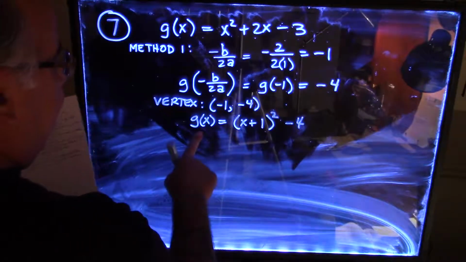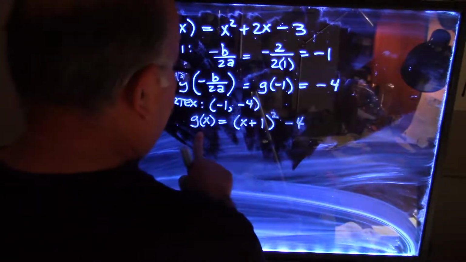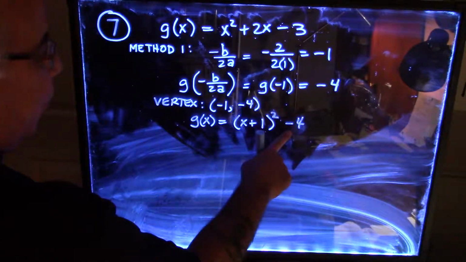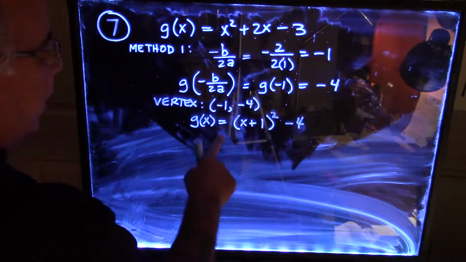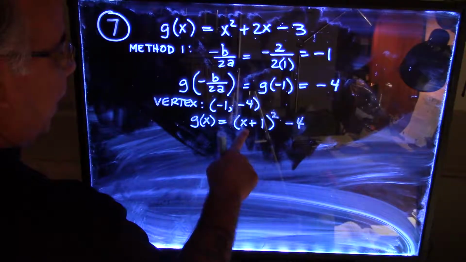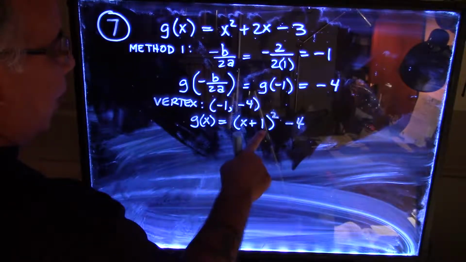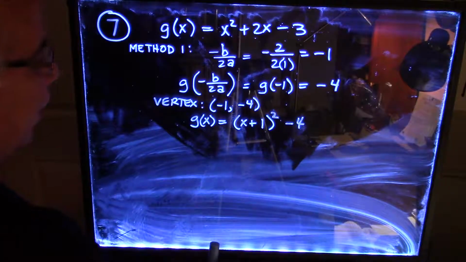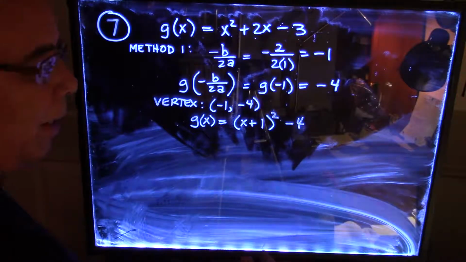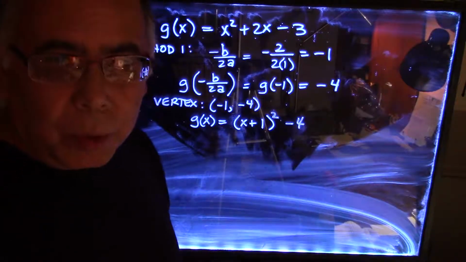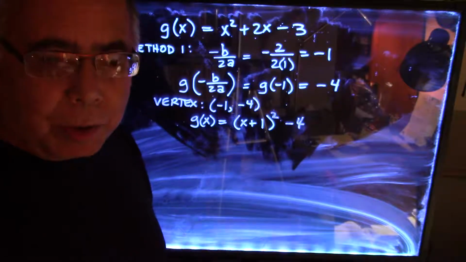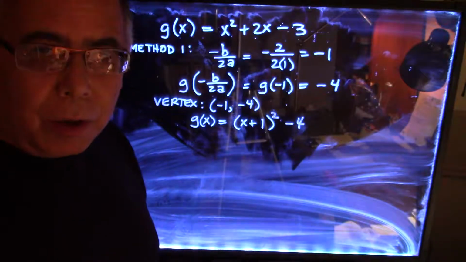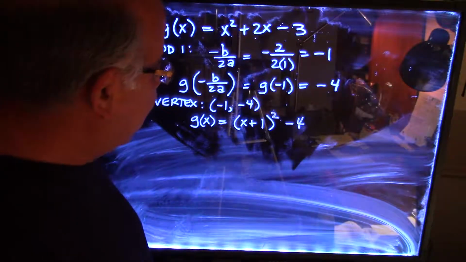You could call that y instead of g of x. Subtract the negative 4 from both sides, so it's y minus a negative 4 equals x minus a negative 1 quantity squared. Why write it like that? Well, that fits in with what we did in the transformations of functions section earlier on in the book.